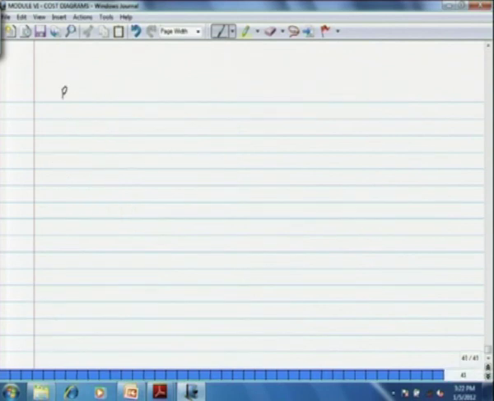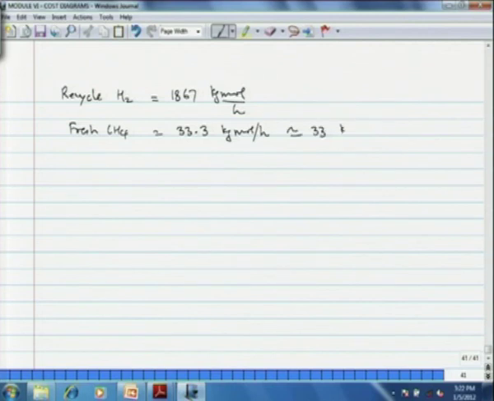Then recycled hydrogen, that will be 50% of the recycled gas, 0.5 into recycled gas, that is 1867 kg mole per hour. Then fresh methane, the methane that enters as an impurity with fresh gas, that is equal to 5% of the gas, 33.3 kg mole per hour, or you can take only 33 for simplification.